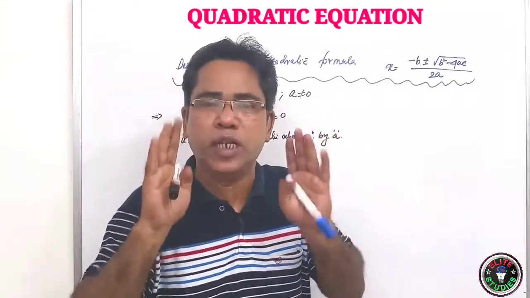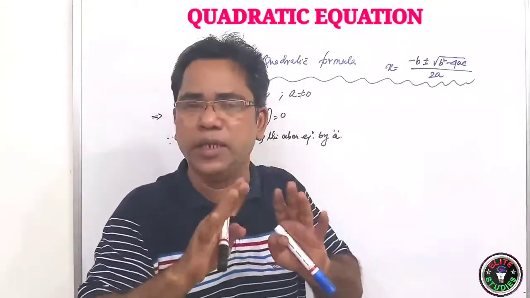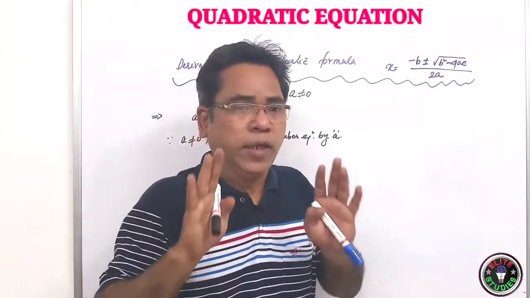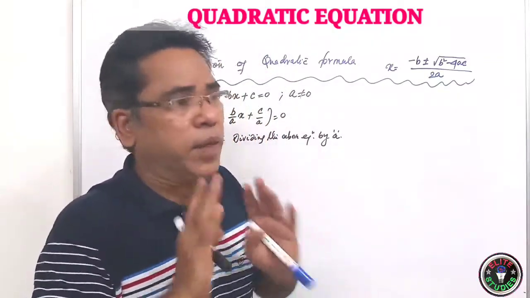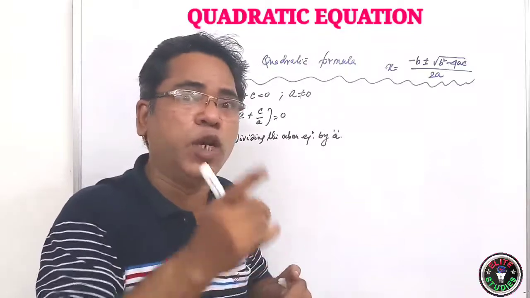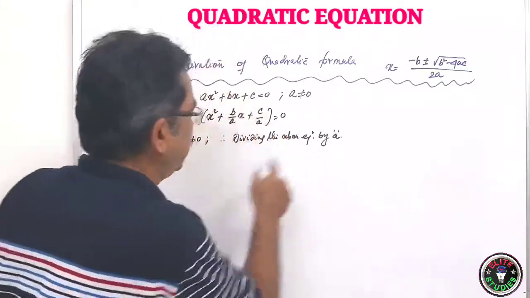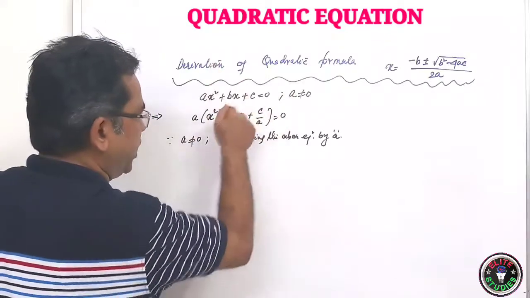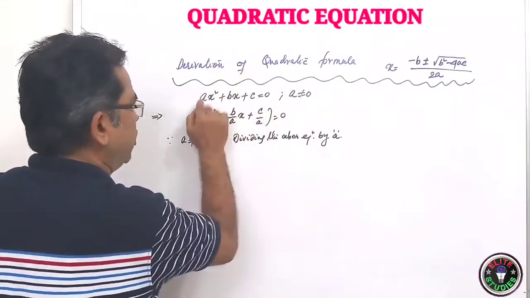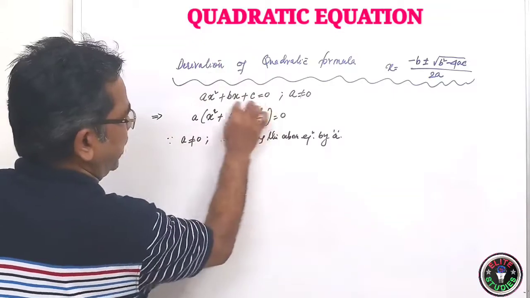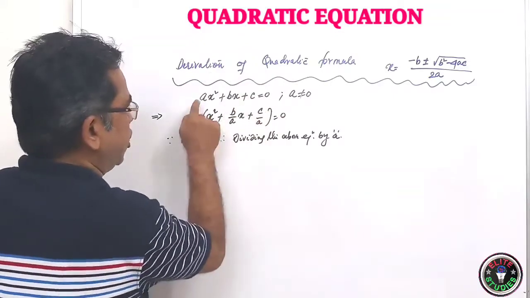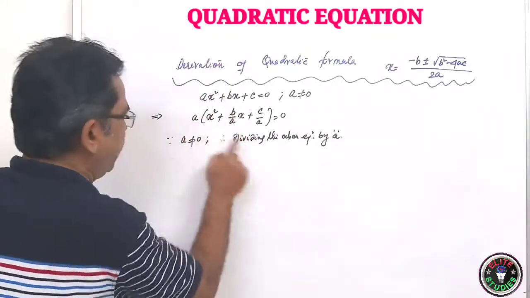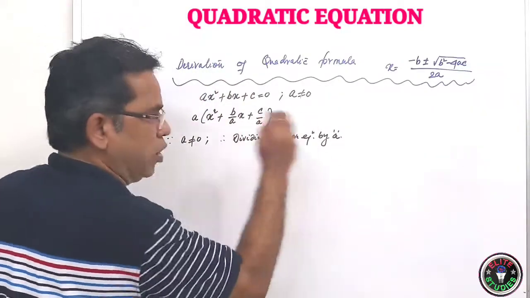If it comes out to be 0, that is undefined. So we should ensure while dividing that the number by which we are dividing is not 0. Since for this equation to be quadratic, a cannot be 0, because if a is 0, it is no longer quadratic, it becomes linear. So under no circumstances can a be 0, and therefore we can divide this whole equation by a without any harm.